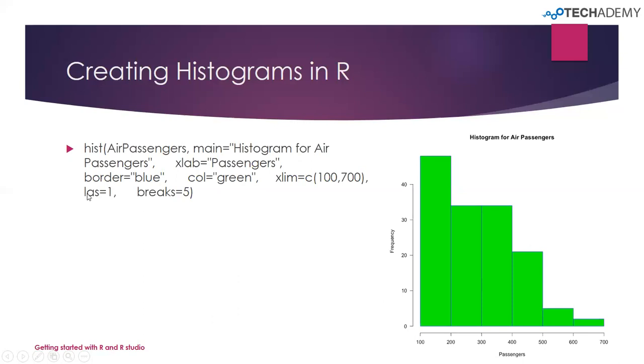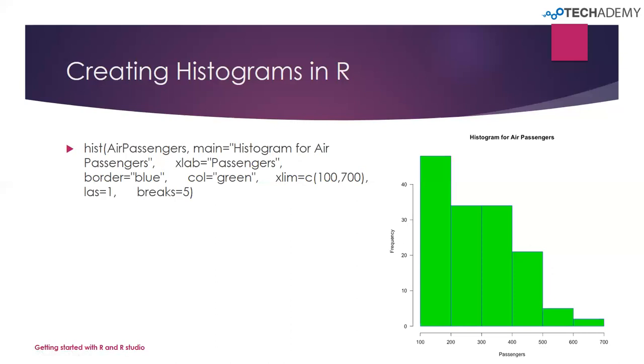Okay, here las is equal to 1, breaks is equal to 5. Breaks equal to 5 means there will be 5 different bins created over here. I will give you the example of las later on.